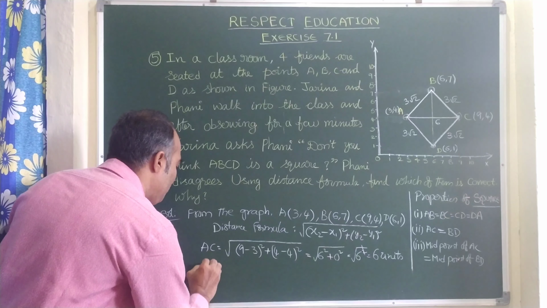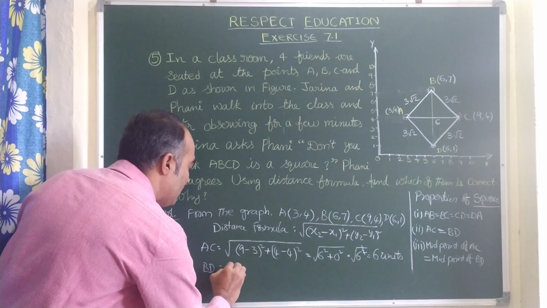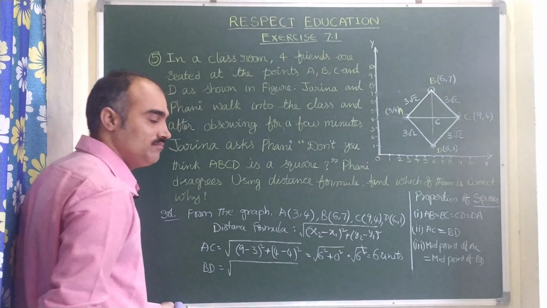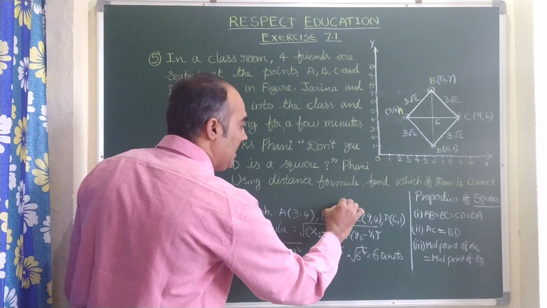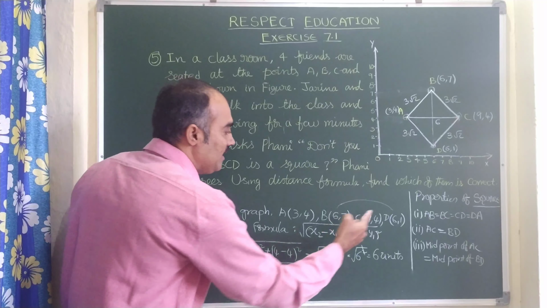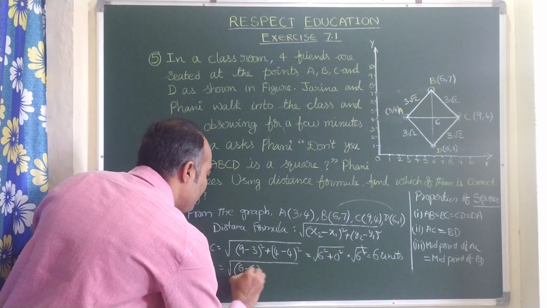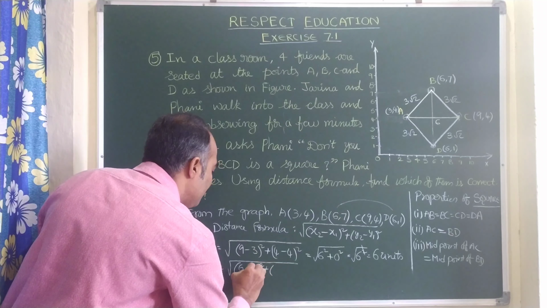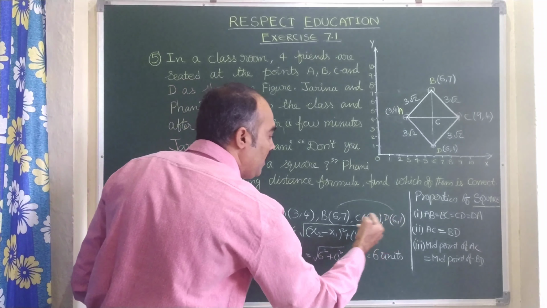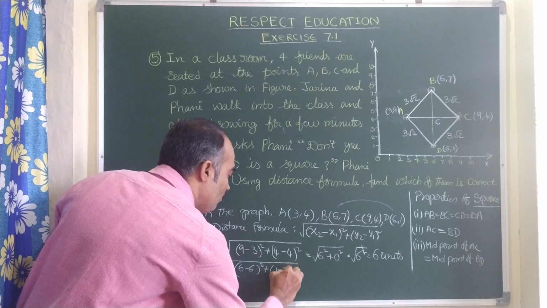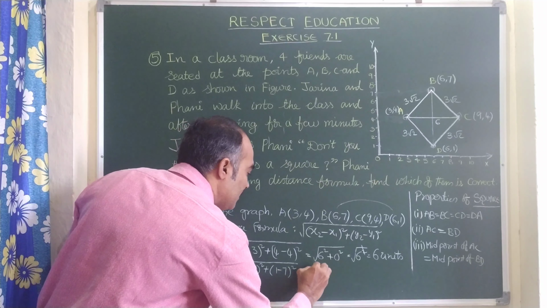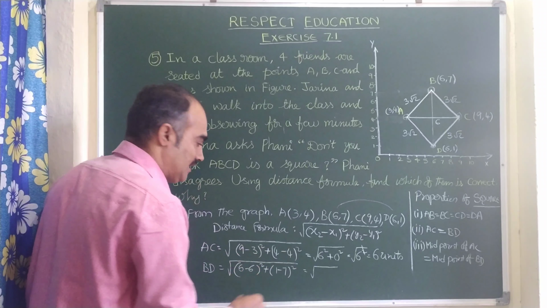So let us find BD. BD is equal to under root, B and D, these two values. 6 minus 6 whole square plus 1 minus 7 whole square. Here 6 minus 6 is 0.